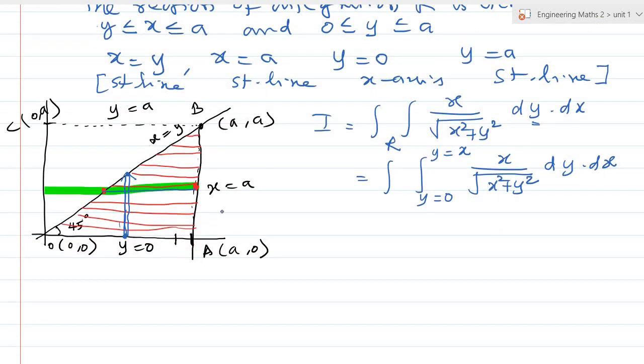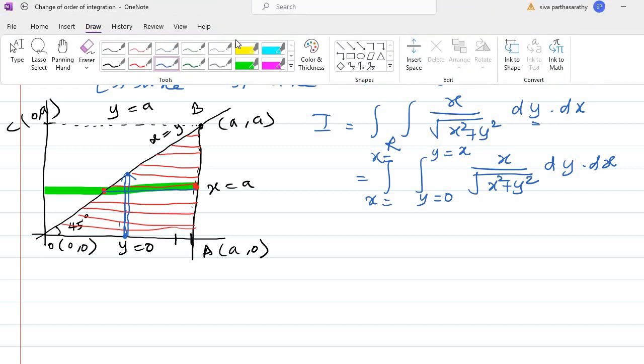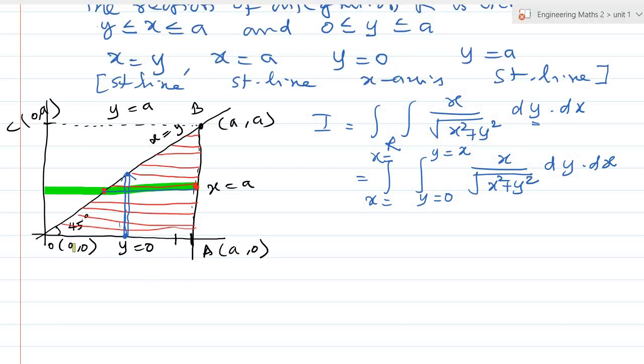So you have to write the outer integral. How to write the outer integral? X equal to. It is a very simple thing how to write that x here. No need to see in the region, just look at the x axis. From the x axis, see in the region, that is the starting value, that is the ending value. From this you take only the x value, that is enough. No need to consider the point, whatever it may be in the region.